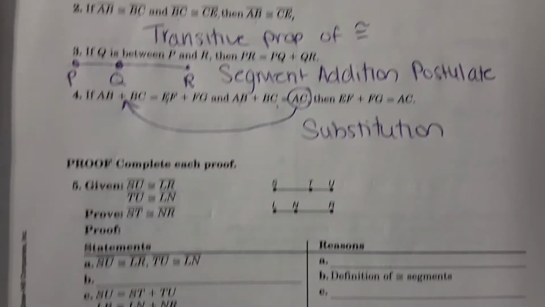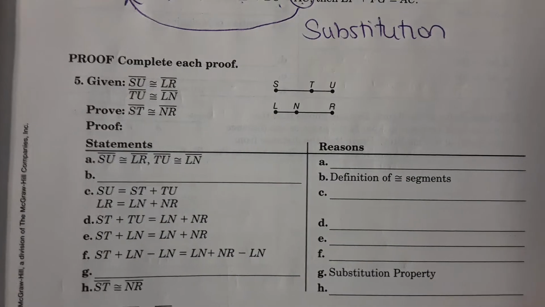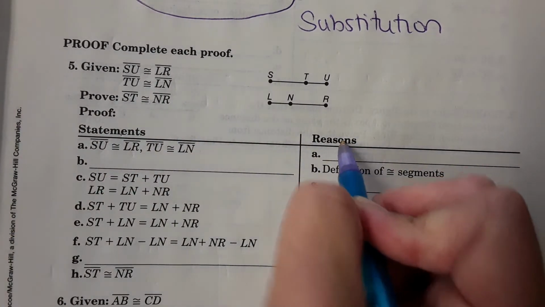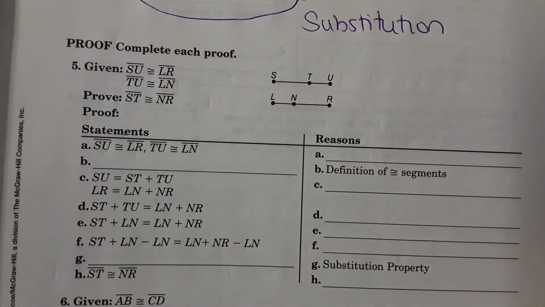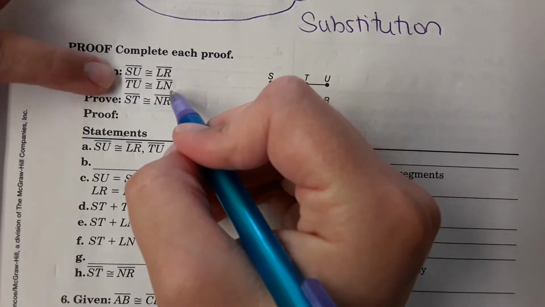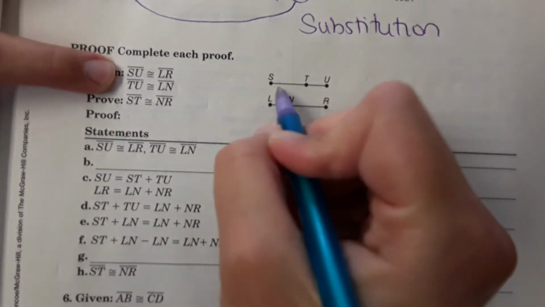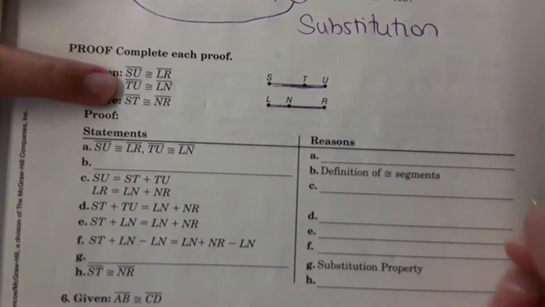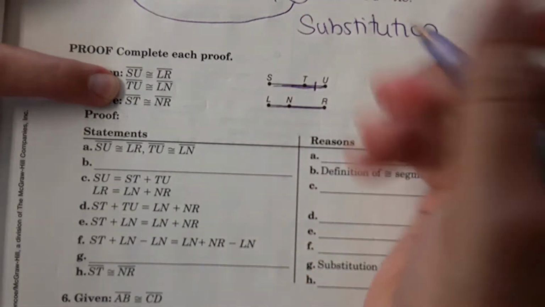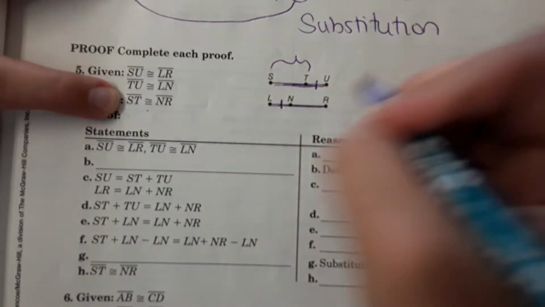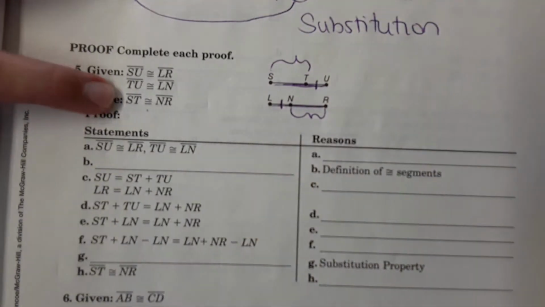Okay, so now we're getting into the proofs. They set it up for us, which is nice, in the two columns with statements and reasons. They filled in some of the blanks, and we're going to continue filling it in. Before we get to the actual proof part, let's look at what they told us. They said that SU is congruent to LR, and that TU is congruent to LN, and they want us to prove that ST is congruent to NR.